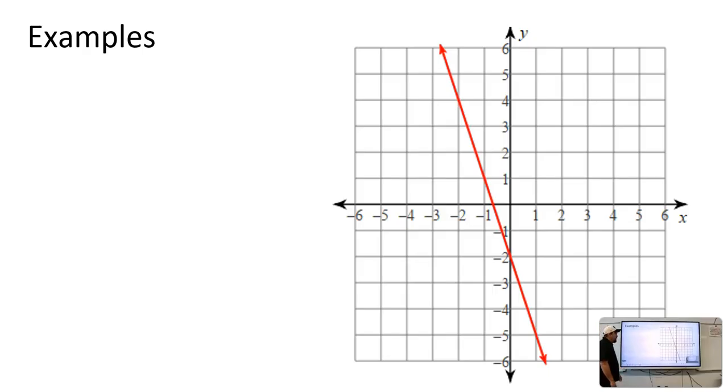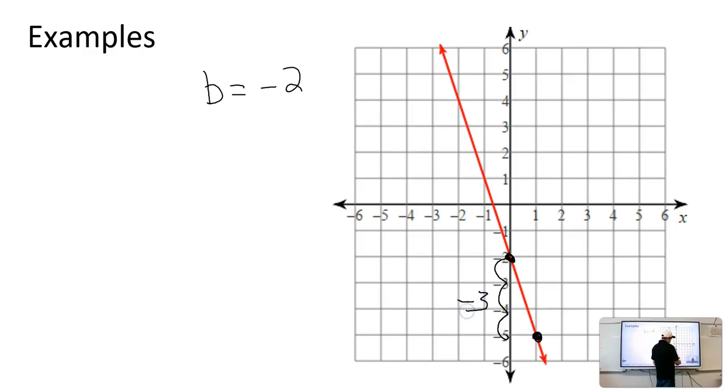All right, where is the y-intercept? Looks like we're crossing the y-axis right here, so my y-intercept is -2. Can I find where we cross another intersection? Looks like right here. So how do I get from the left point to the right point? We're going to go down 1, 2, 3.